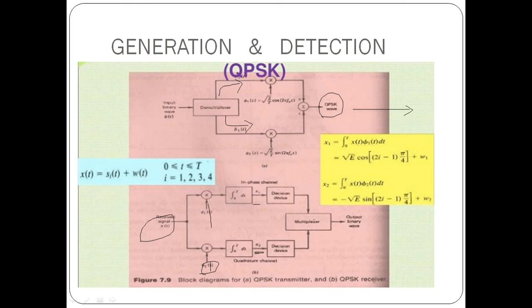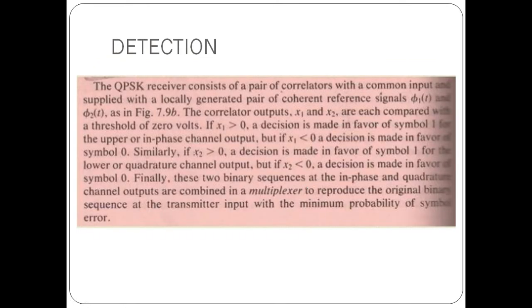Then I will mix them using a multiplexer. Whatever technique you implemented at the transmitter, the opposite technique we should implement at the receiver. Here I used a demultiplexer, so here I should use a multiplexer. Then the combined wave is the binary wave. Whatever input you send, binary will come out as it is. This is about QPSK generation and detection.